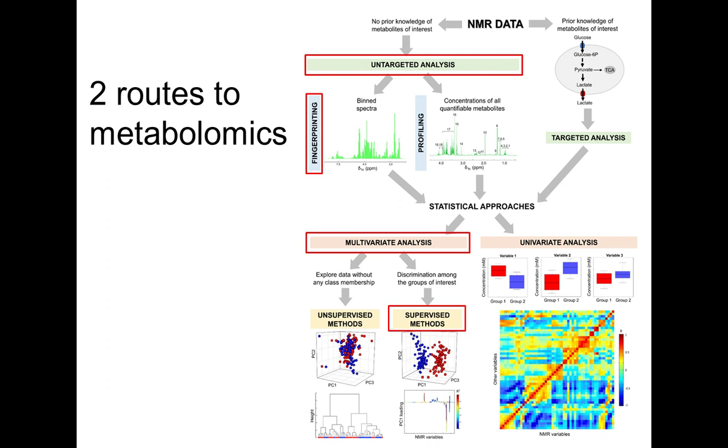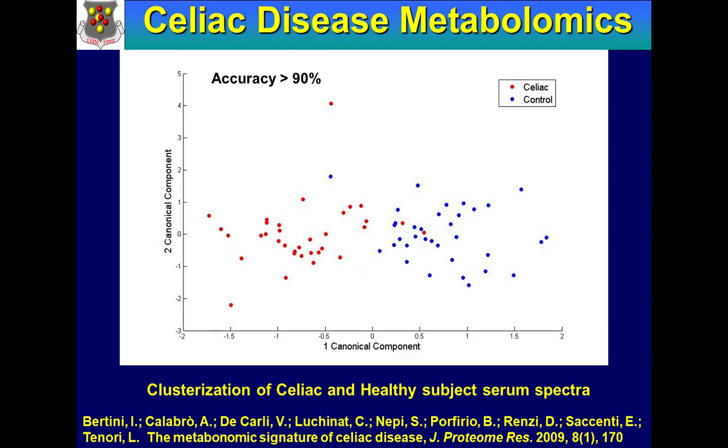We have been doing mostly fingerprinting, and I'll take this opportunity to tell you what we think about the various approaches, and then move to multivariate analysis. We often use supervised methods to, for instance, discriminate healthy people from diseased people, and this opens the way to providing early diagnosis of several diseases.